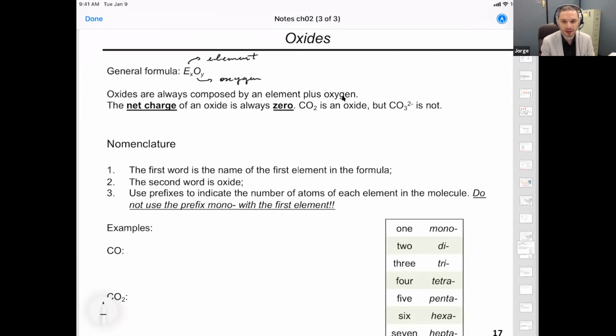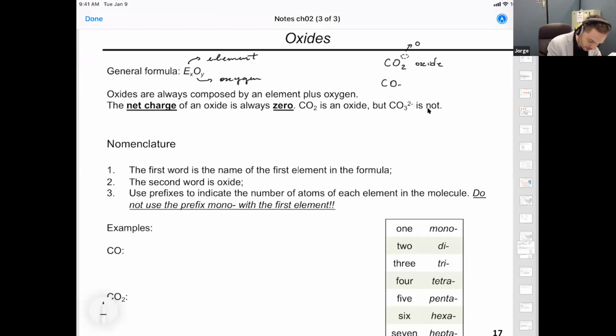CO2 is an oxide, but CO3 2 minus is not. Okay, so CO2 is an oxide because the net charge of the compound is zero.